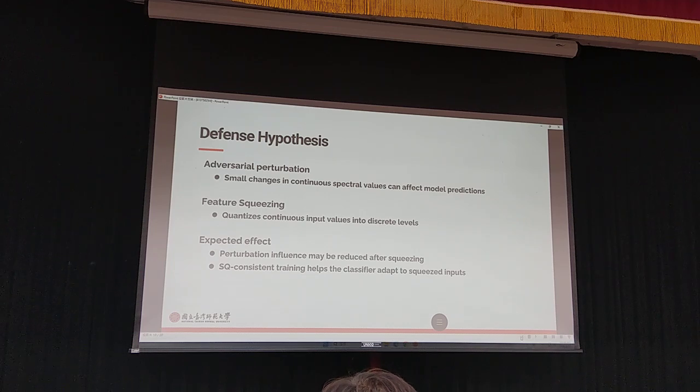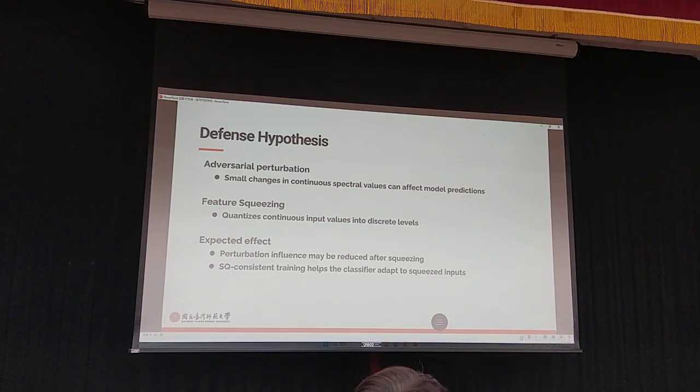The hypothesis is based on the effect of quantization. Adversarial perturbations are small changes in continuous spectral values. After feature squeezing, these continuous values are mapped into discrete levels, so part of the perturbation's influence may be reduced.